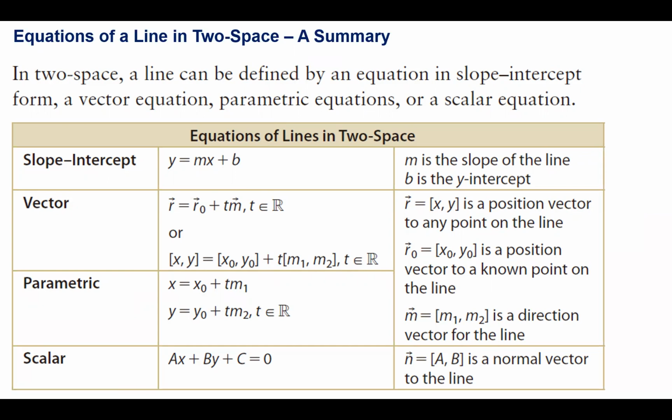So in slope-intercept form, we have the form y = mx + b. m is the slope of this line, b is the y-intercept.